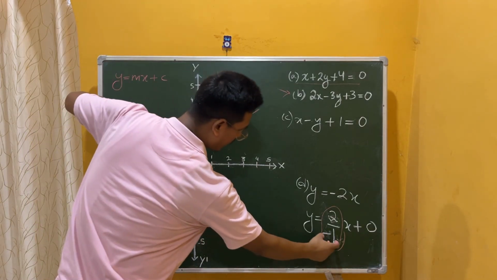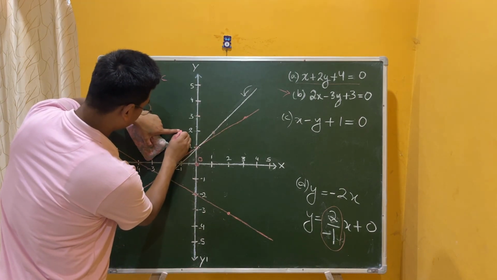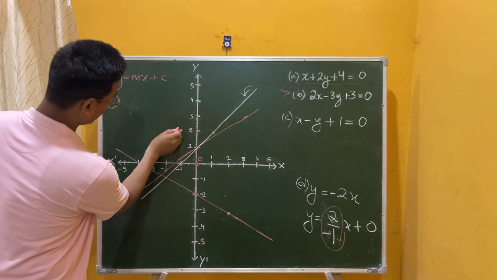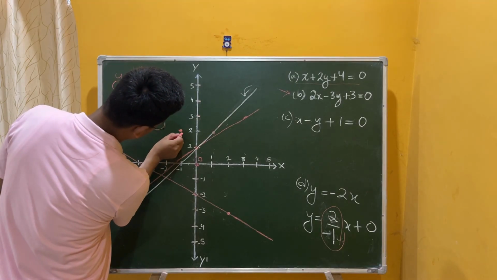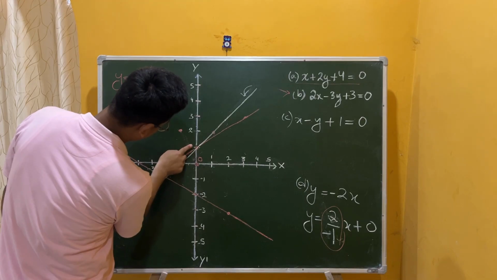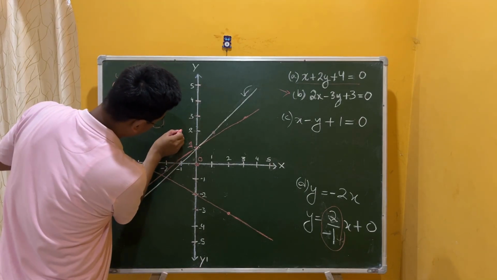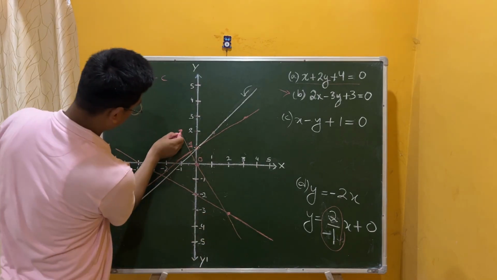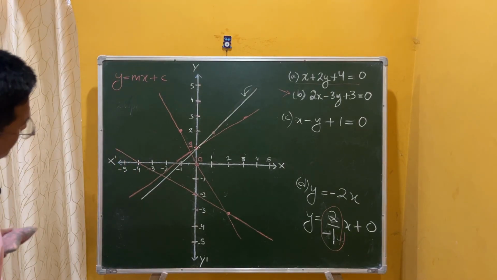And how much will you run? 1 unit, just exactly above 1. So this is your second point. This is first and second. So let's join the points by a straight line. Okay, this is the line.